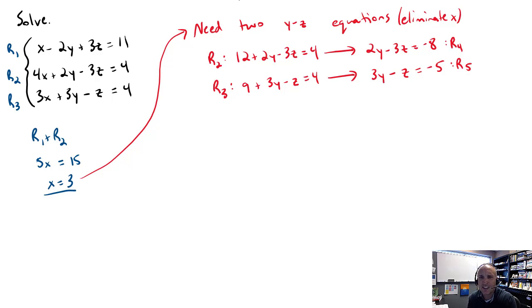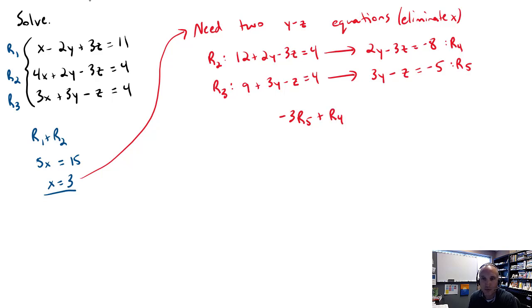Let's make the negative z in row 5 into a positive 3z. So I'll multiply row 5 by negative 3. So negative 3 row 5, plus, I'll have a positive 3z here. I just have to add row 4 to cancel with the negative 3z.